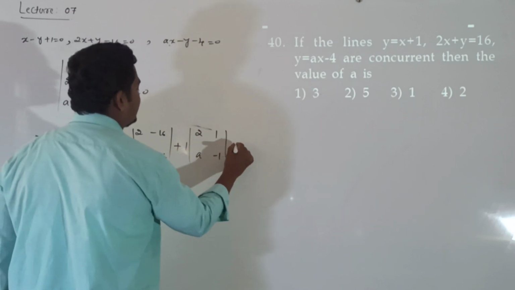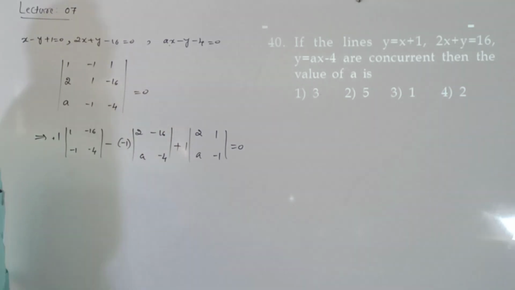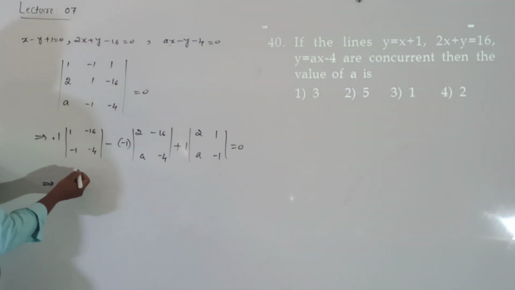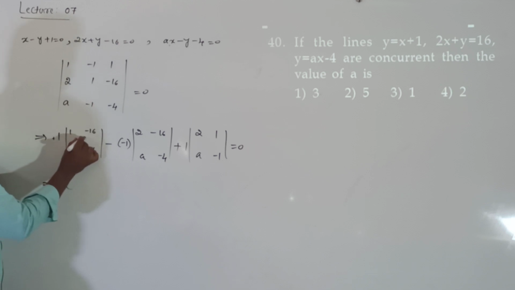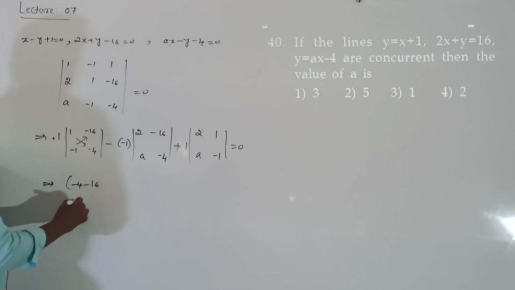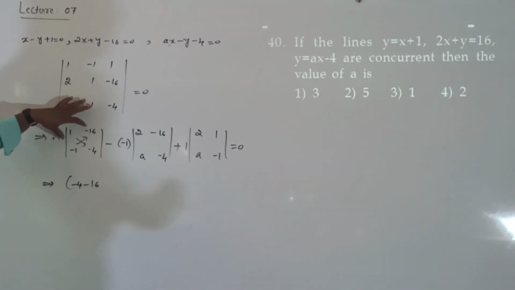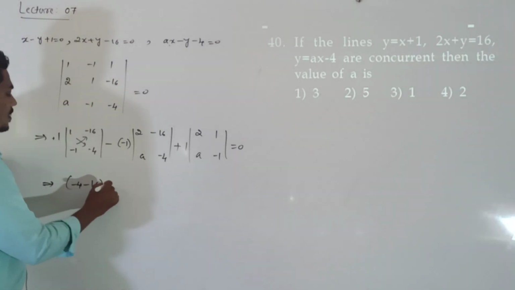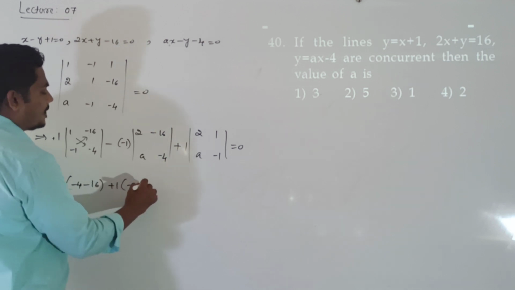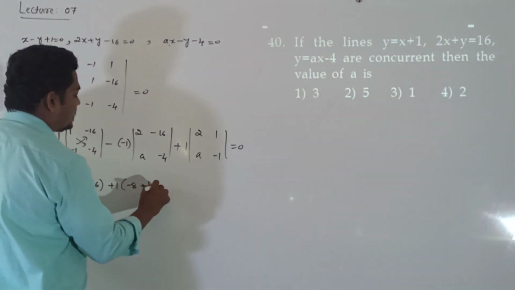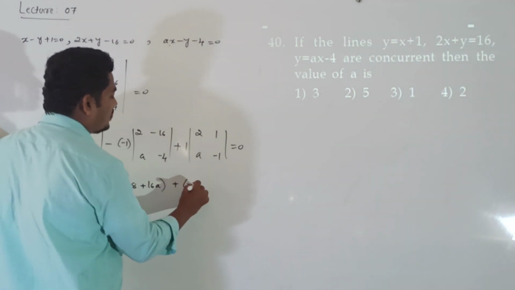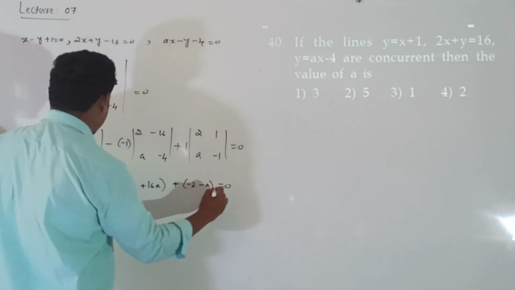That's equal to 0. Condition of concurrency. Now product of diagonal elements minus non-diagonal elements: minus 4 minus 16, and minus into minus is plus, so minus 8 plus 16a, plus the usual multiplication, minus 2 minus a, that's equal to 0.